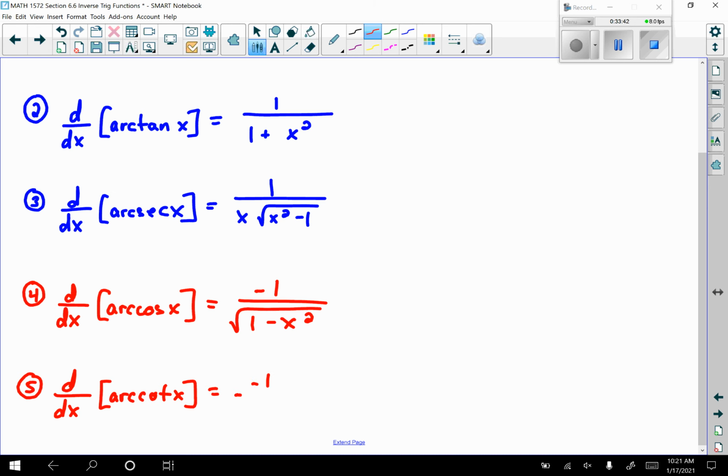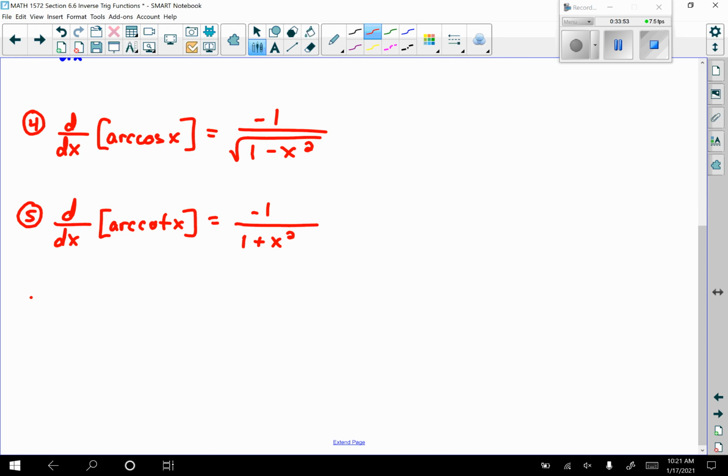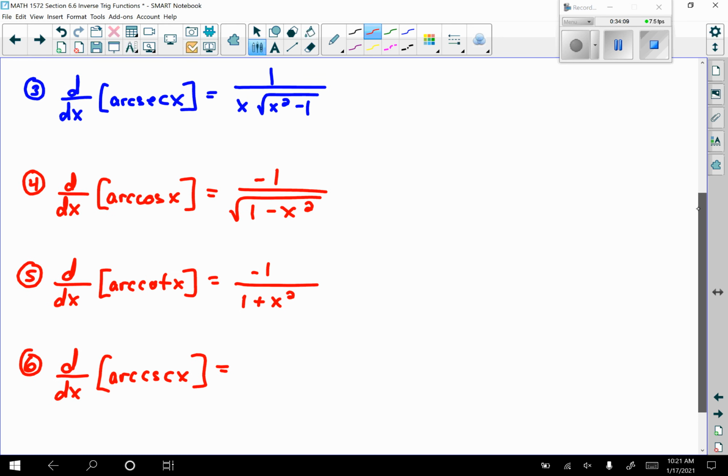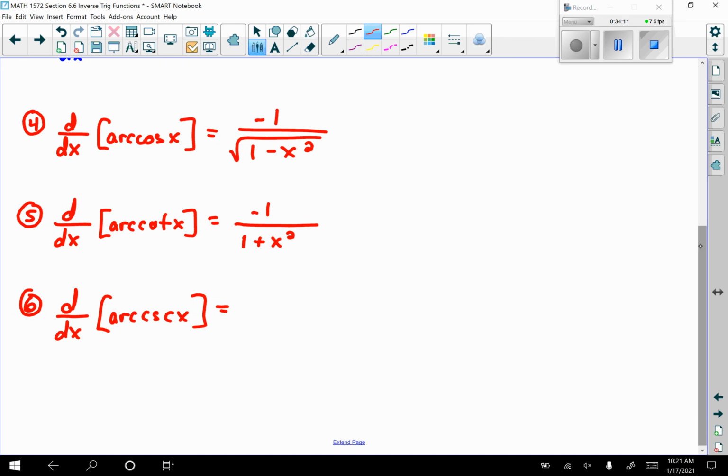So here we just get negative 1 over, no square root, 1 plus x squared. And then we'll go with arc cosecant. And then that just becomes the opposite of arc secant. So negative 1 over x times the square root of x squared minus 1.